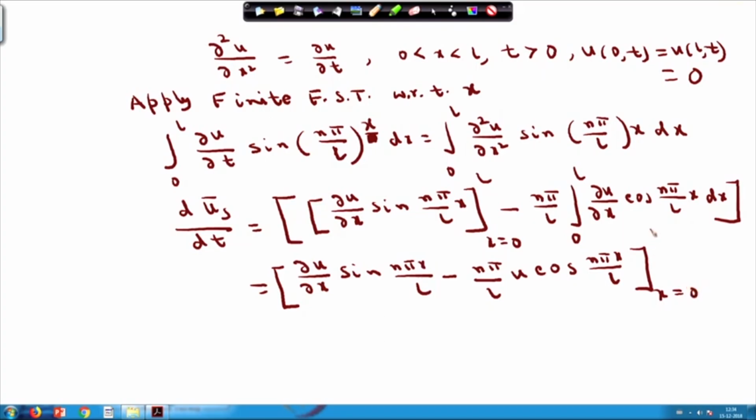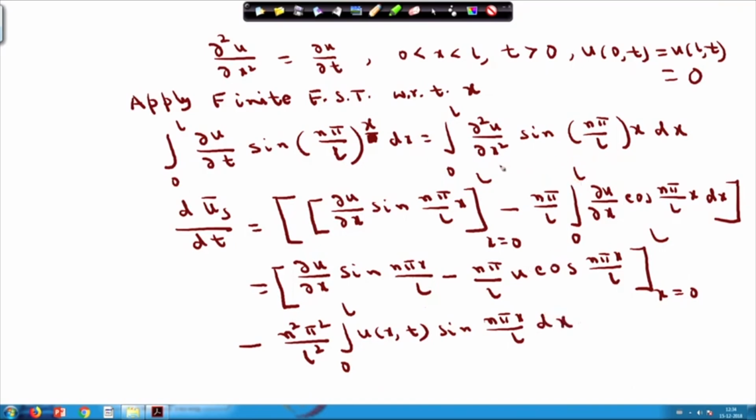I will put the limits together. This I did not evaluate at the beginning. So I am putting minus n²π²/L² times the integral from 0 to L of u(x,t) sin(nπx/L) dx.